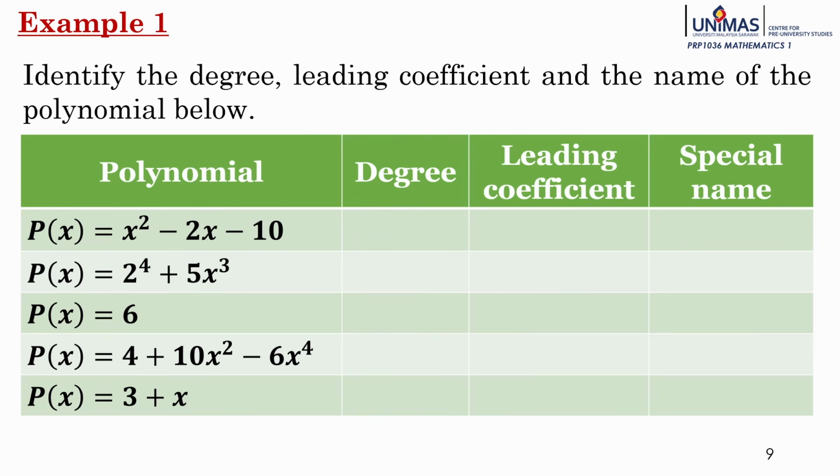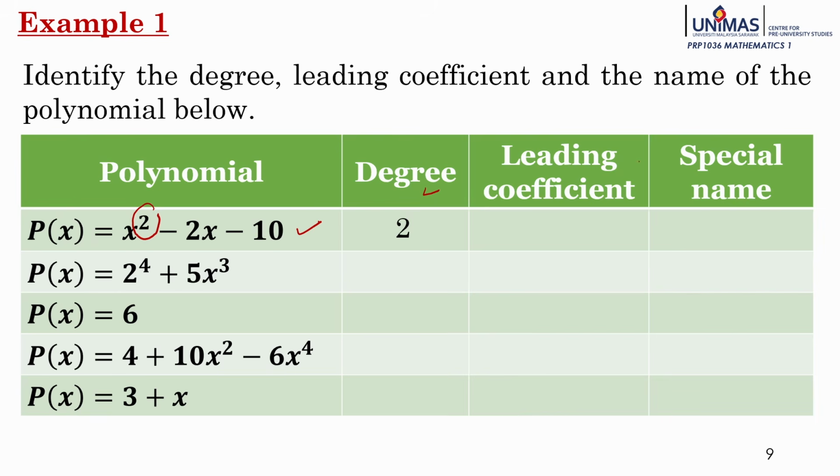Now let's see example 1. Identify the degree, leading coefficient, and the name of the polynomial below. Okay, the first one, x squared minus 2x minus 10. The degree, so we have to see the highest degree here, is 2, right? The highest is 2. And then the leading coefficient.